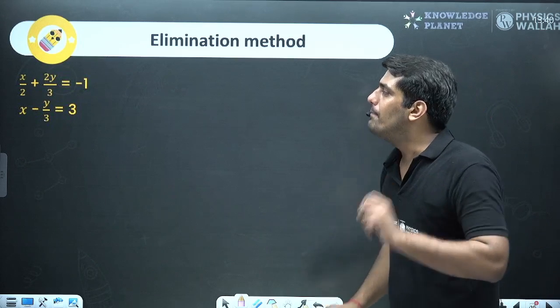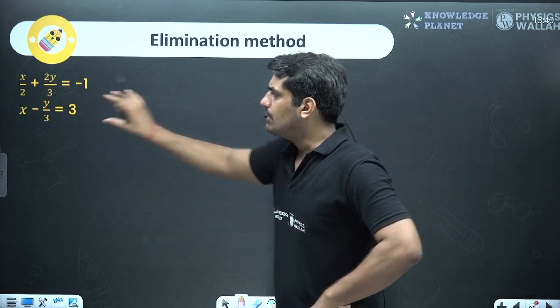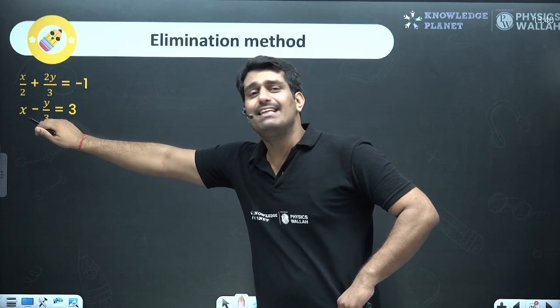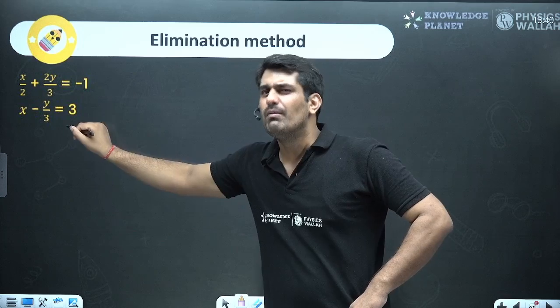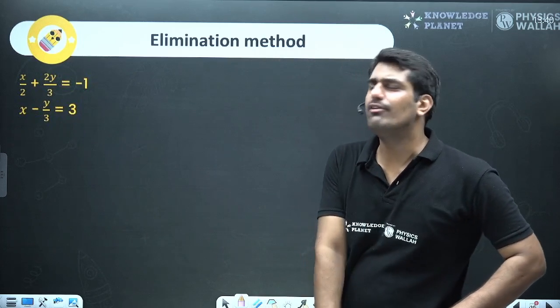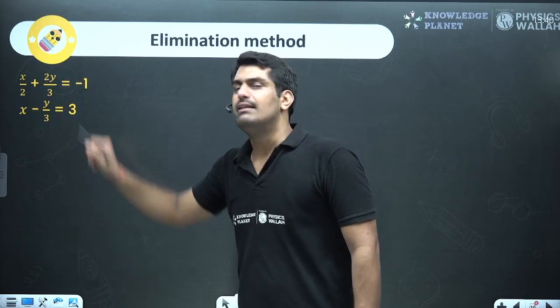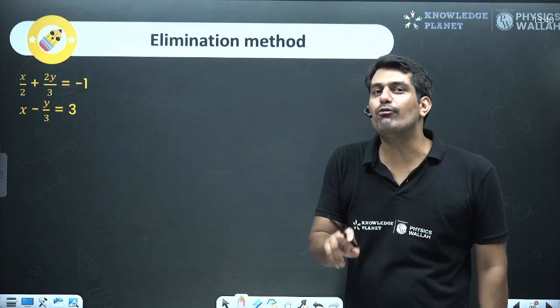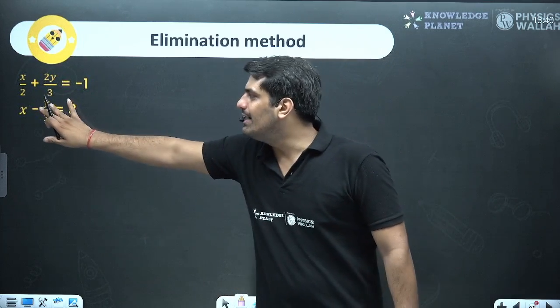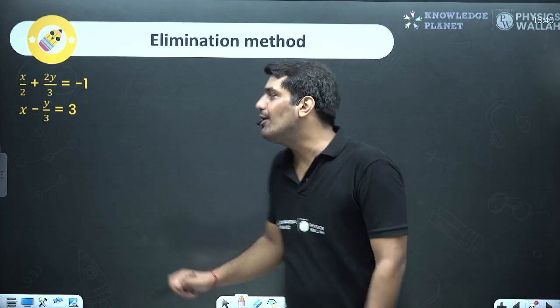It's not that complex. We have x by 2, x. Either I can divide the second equation by 2, but I am not a fan of dividing. I like doing multiplication. 2y by 3, y by 3. So if I multiply the second equation by 2, it will also convert it into 2y by 3.